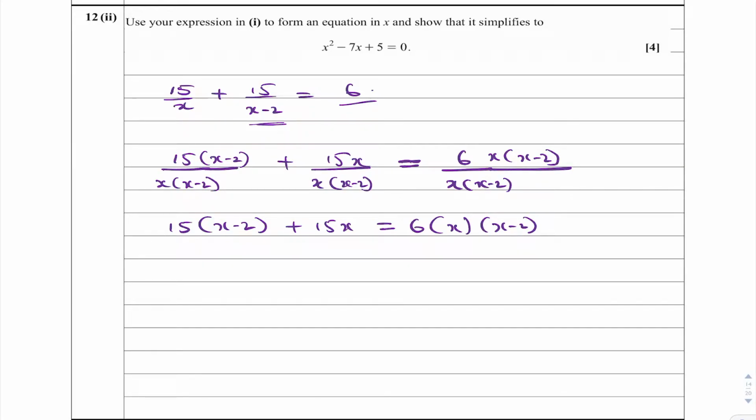So now we do the expansion. 15x minus 30 plus 15x equals 6x squared minus 12x. Now all I need to do is collect all the like terms together.